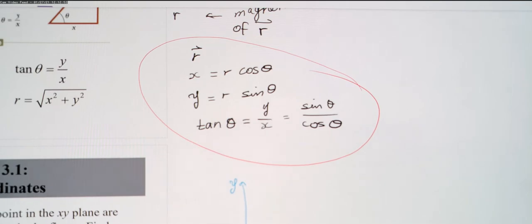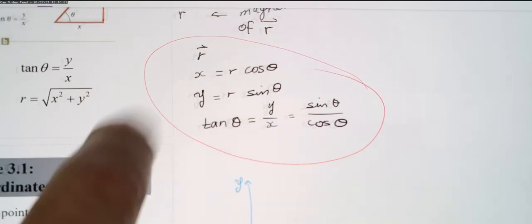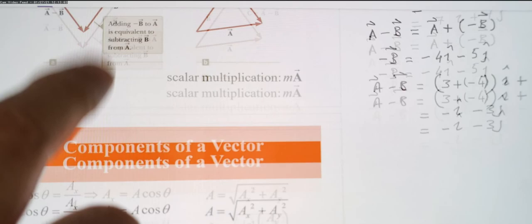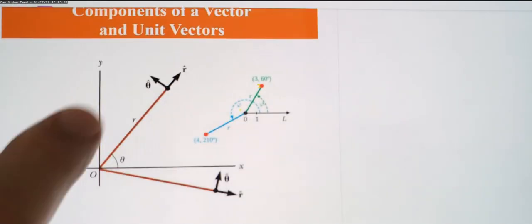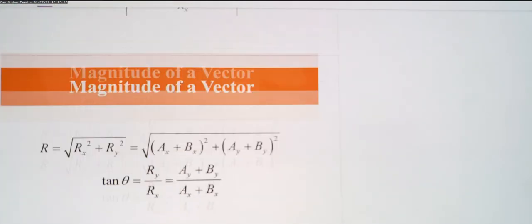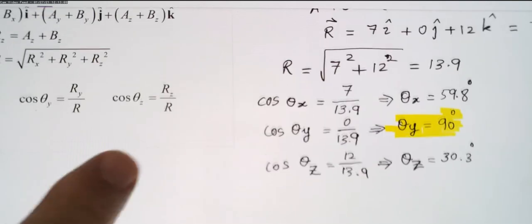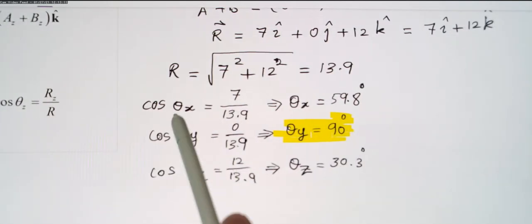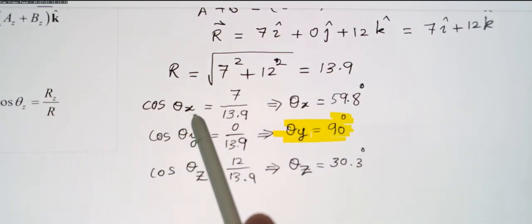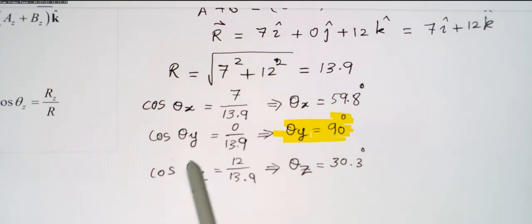We are using sine here, and here is cosine. If your question is about the last example, we need the angle with the x-axis, and here we need the angle with the y-axis, and here we need the angle with the z-axis.